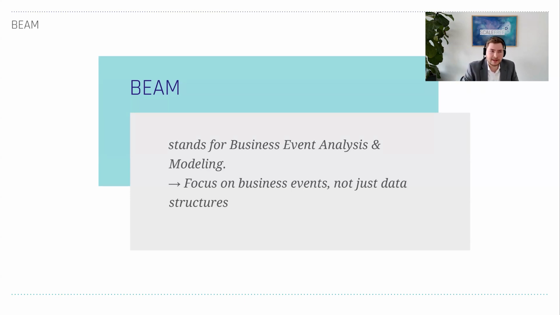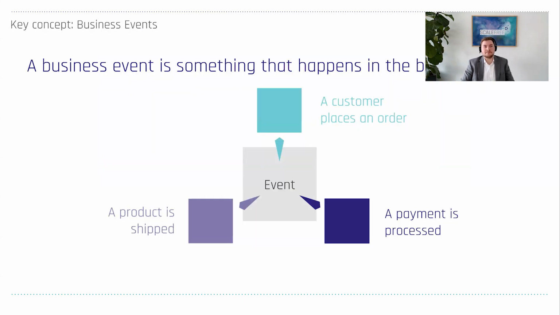In Beam, you normally describe something that happens in the business. For example, a customer places an order, a payment is processed, and then a product is shipped, which is an event in the business. A customer makes a sale, for example, or buys something.